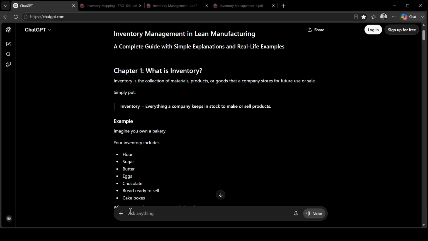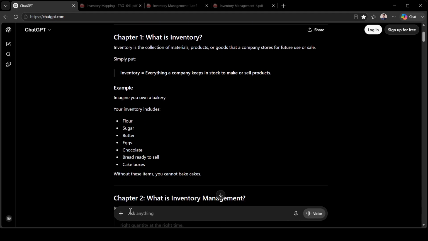What is inventory management? I will explain that in a complete guideline, with real life examples. So my first chapter is what is inventory. Inventory is the collection of materials, products or goods that a company stores for future use or sale.